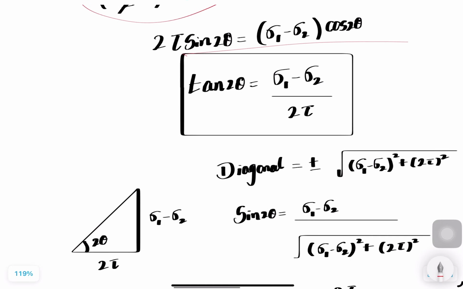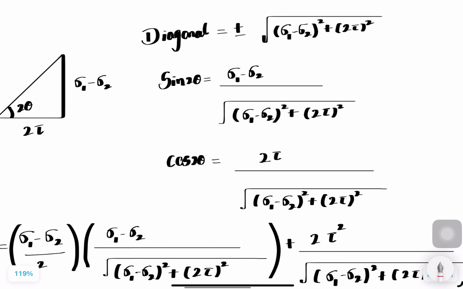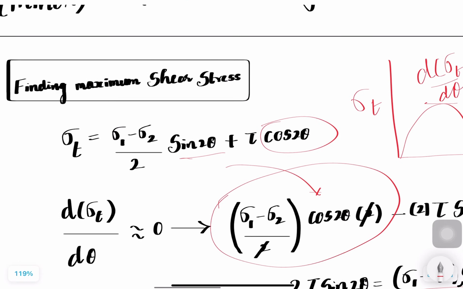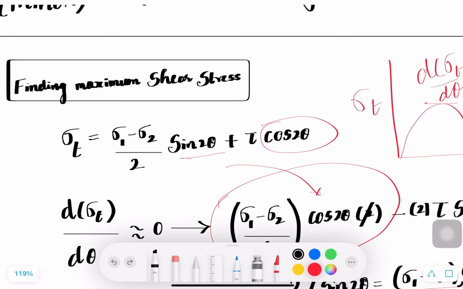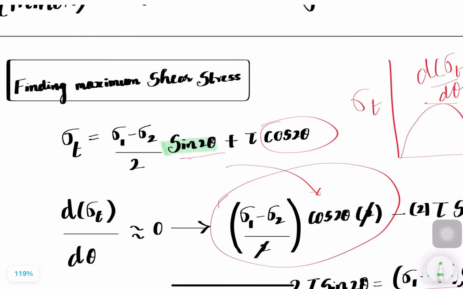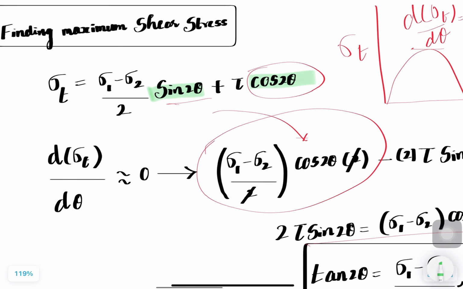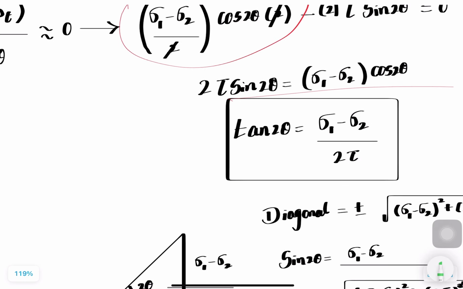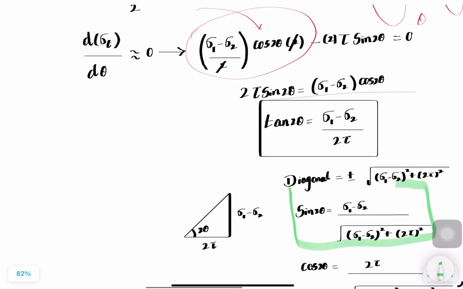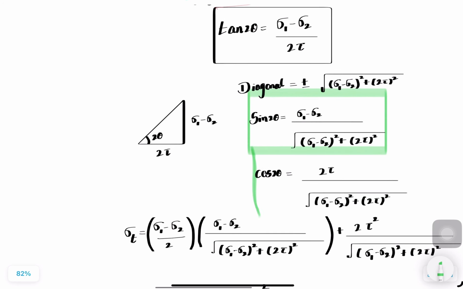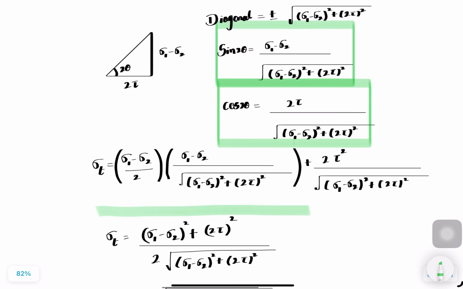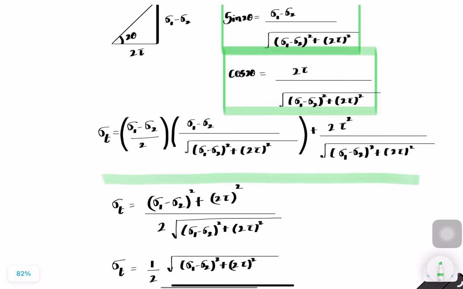Once you know the expressions for sine 2 theta and cos 2 theta from the triangle, as opposite by hypotenuse and adjacent by hypotenuse, substitute them back in this expression here, and you get this expression. After simplification, it is easy.